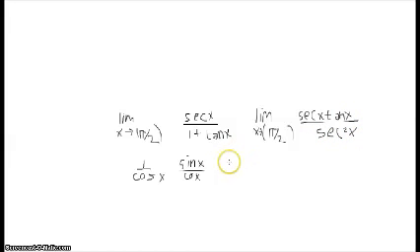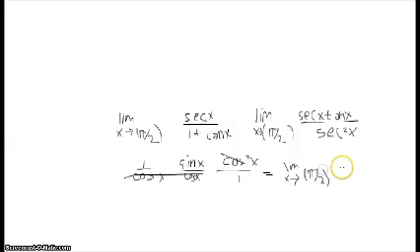So what I'm going to do is write the reciprocal of secant squared x, which is going to be cosine squared x. Since cosine x times cosine x is equal to cosine squared of x, you can go ahead and cancel these out so that the limit as x approaches pi over 2 would just equal sine x.